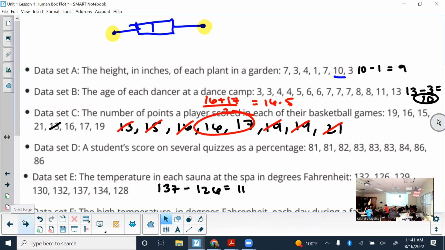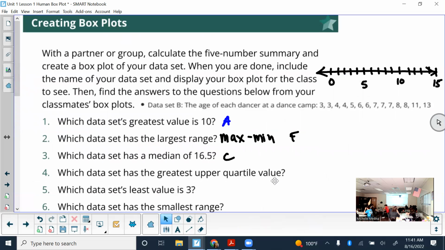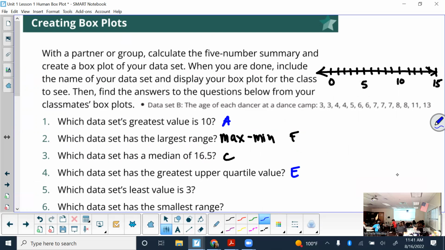All right, then which data set had the greatest upper quartile value? All right, let's see. I don't know off the top of my head. What's the nickname for upper quartile? Q3, good. So then when I'm looking at a box plot, and I'll put black dots where I would have put dots, which dots, the first, second, third, fourth, or fifth, would be my Q3 always?